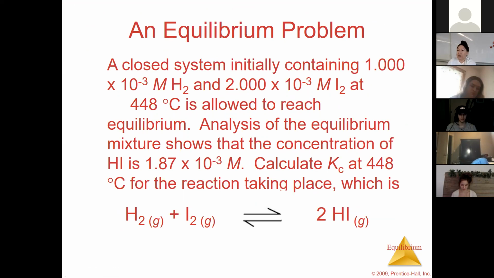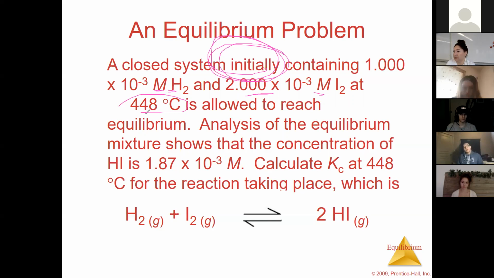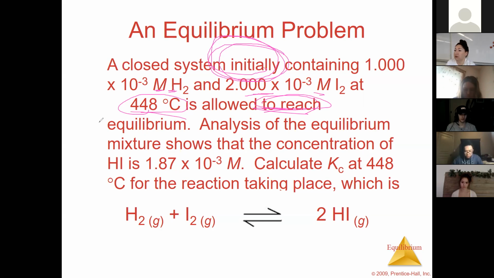So in a closed system, I'm going to show you some keywords here. In a closed system, initially, so that means it has not reached equilibrium. That has just started. Containing 1 molar of H2 and this much molar of I2 at this temperature is allowed to reach another key word, equilibrium.